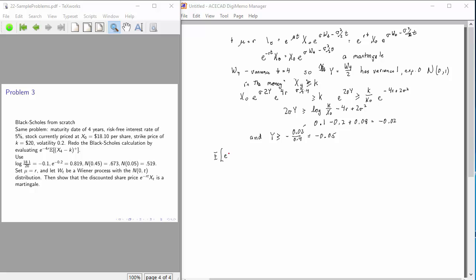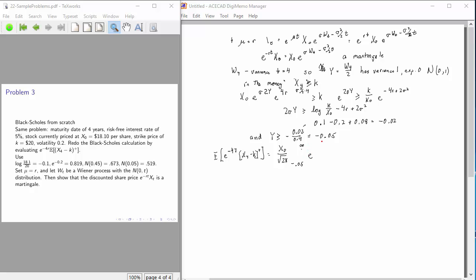The expectation of the discounted price is going to be the initial price over the square root of 2 pi, that's from my normal distribution, times the integral from minus 0.05 to infinity of e to the what?